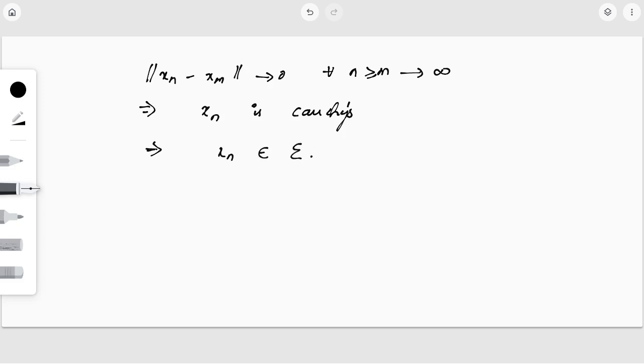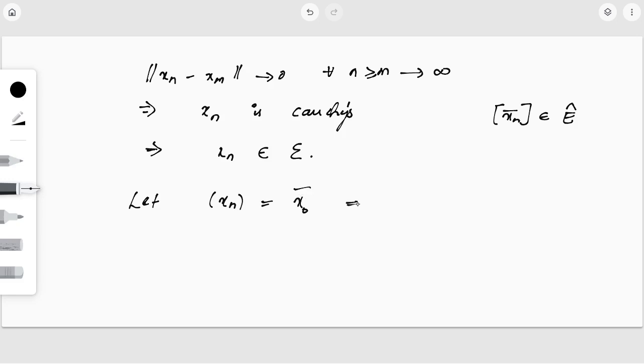So once we have a Cauchy sequence, we can say that it is an element of script T, right? So next we are going to say that any sequence that we had chosen, that is a sequence xn cap, which was an element of E cap, we are going to show that this converges to this particular sequence. So let us denote the Cauchy sequence xn by x dot cap, right?